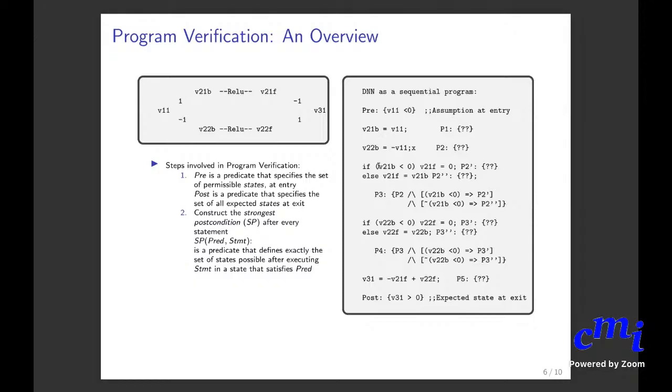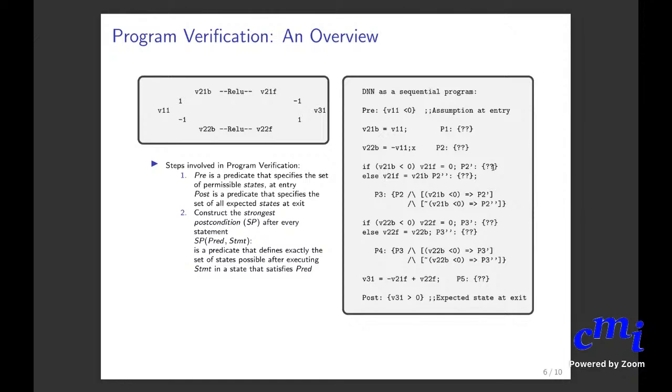And here there is a branch. For each of those branches, you can make certain assertions about what happens if that branch is taken. For example, here at P2 prime, you know two facts: if V21B is less than 0, then V21F will be equal to 0.